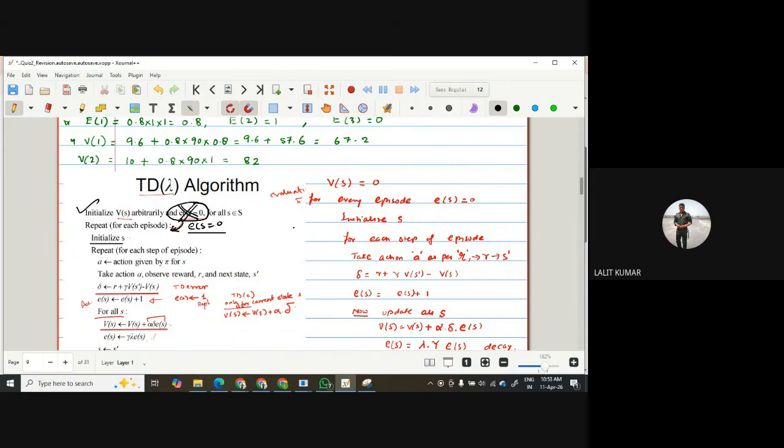VS = 0 initially. For every episode, ES = 0. Initialize S, take action A, get R, and calculate TD error, and update ES for the visited state. Now for all S, update VS, and for all S, decay ES. So you're updating by one, and then you're decaying also.